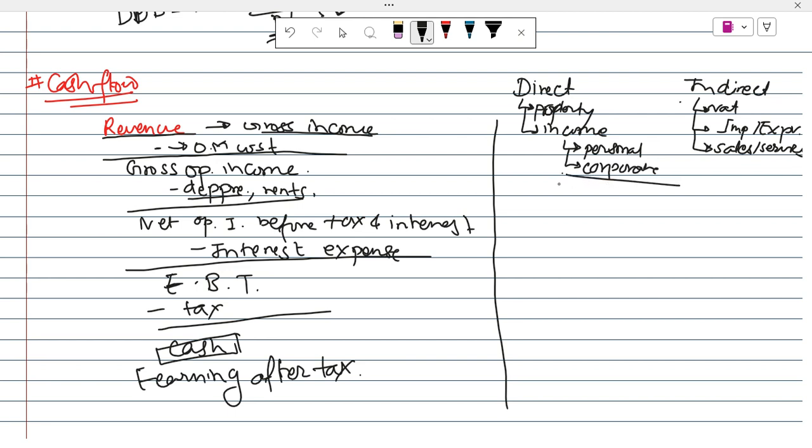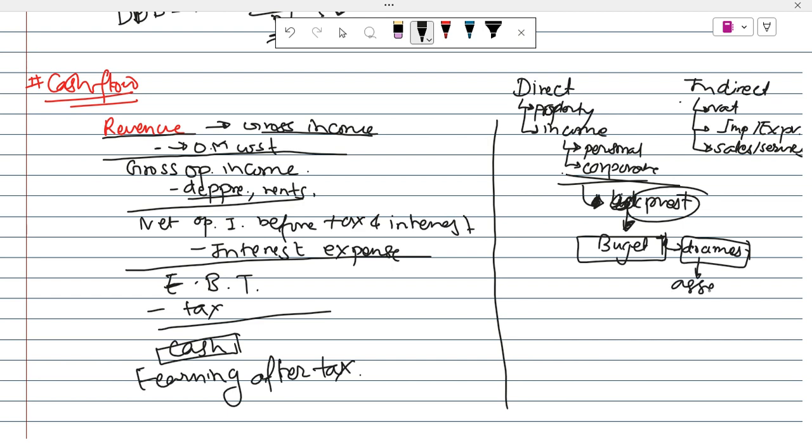And we have different tax slabs that are present in our budget document that is generally passed through the assembly.